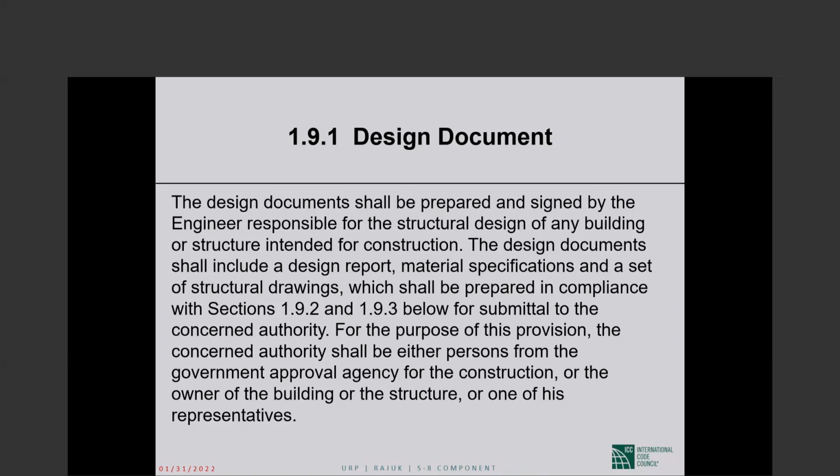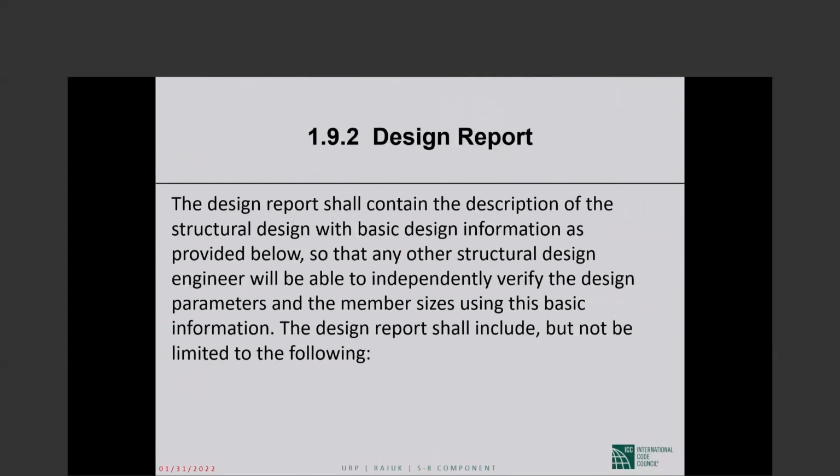So the designer will prepare the design documents and submit them to the owner. Until they are submitted to the concerned authority, you will not get the construction permit to proceed. So this last part, the concerned authority may be the owner, I do not fully understand unless the owner is the government, a government agency like the PWD. So I don't quite know what the last sentence means.